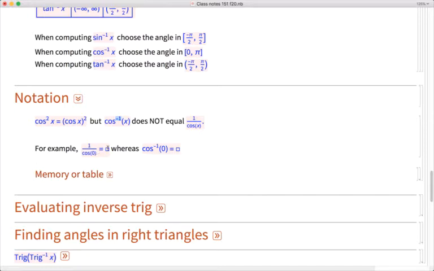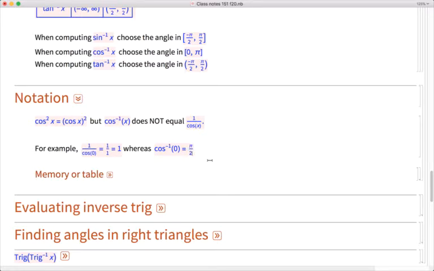Right? So just to show you that these are quite different, 1 over cosine of 0: well, 0 is a flat angle. I want the x-coordinate. It should be big, so cosine of 0 is 1, and this comes out to be 1. The inverse cosine of 0 needs to be an angle whose cosine is 0. So one of the angles whose cosine is 0 is the steep angle, the straight up angle.